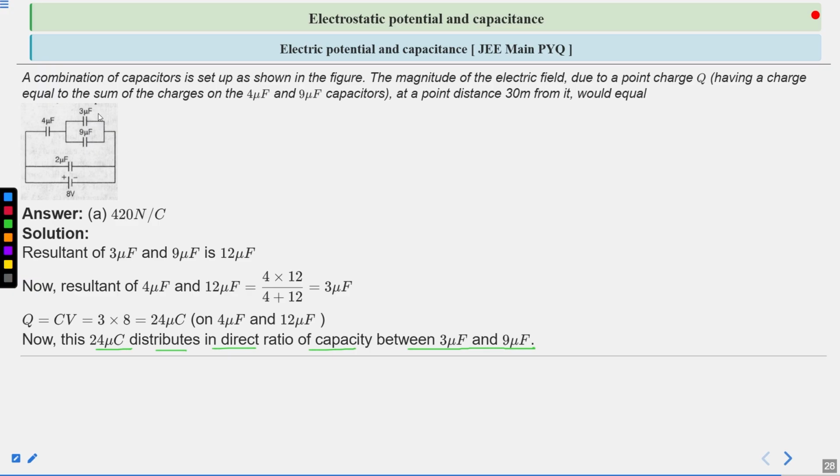The capacitor with less capacitance will get less charge, and the one with greater capacitance will get greater charge.